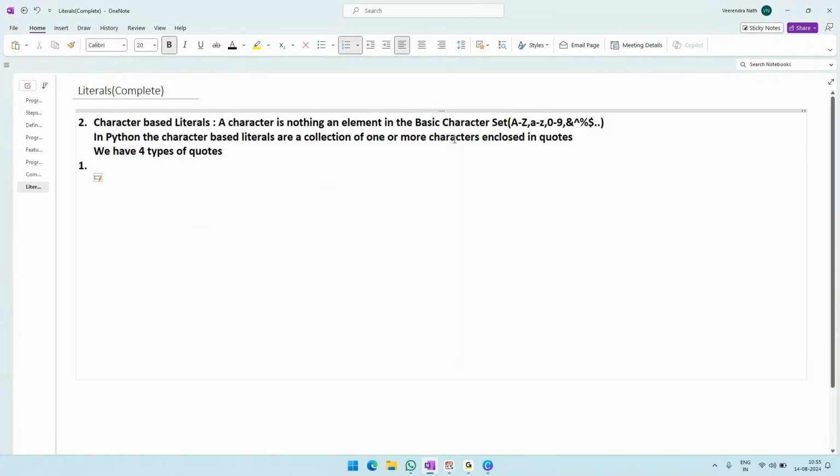First one, single quotes. So first one is going to be single quotes. So what is a single quote here? A single quote is nothing but this symbol.